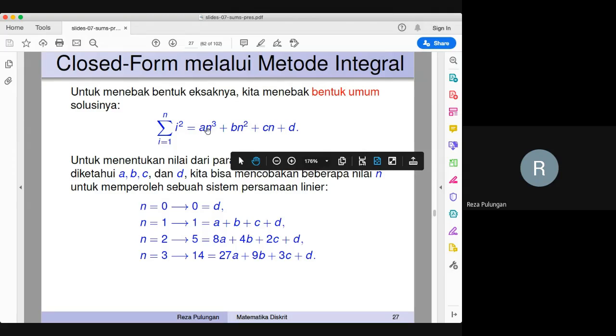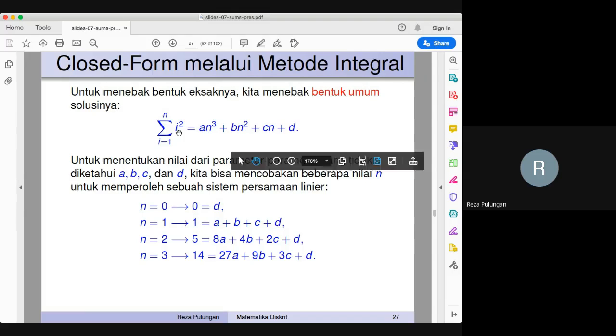It is easy: A multiplied by 1 to the power of 3, so this is A, plus B multiplied by 1 to the power of 2, plus C. So 1 is equal to A plus B plus C plus D. Actually, you don't really need D anymore because you know that D is equal to 0.